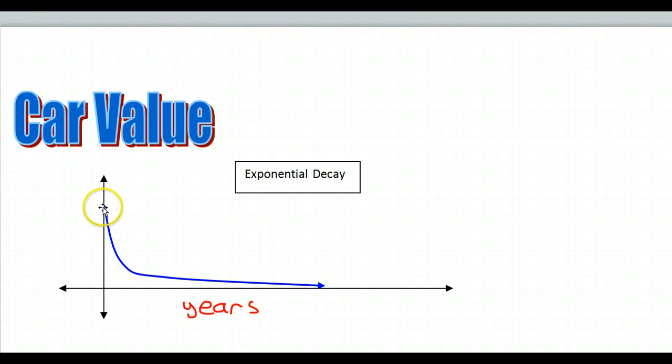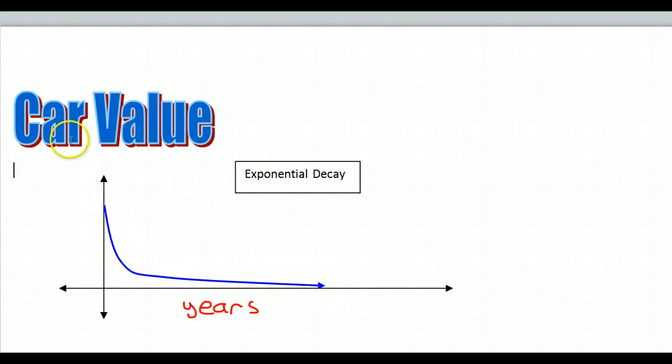But your car is never more valuable in the majority of cases than that first day. As soon as you drive it off the lot, the value of your car begins to drop. And over the years, the value of your car gets less and less until eventually it's really not worth anything at all. So that would be an example of exponential decay.